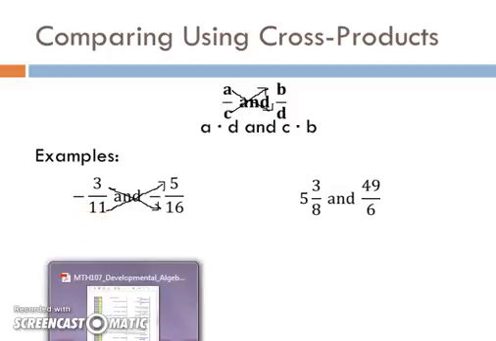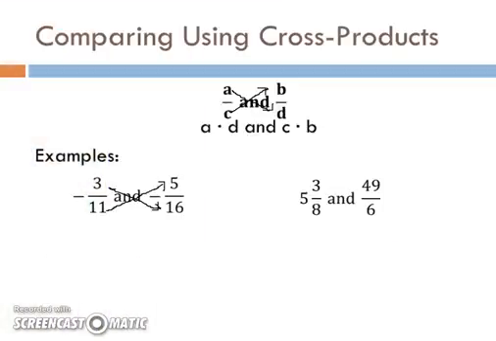So multiplying 3 times 16, we end up with a negative 48. Notice this negative here. And then 5 times 11, we have a negative 55. Negative 48 is a larger number. It's closer to 0, so we would put our greater than symbol in.